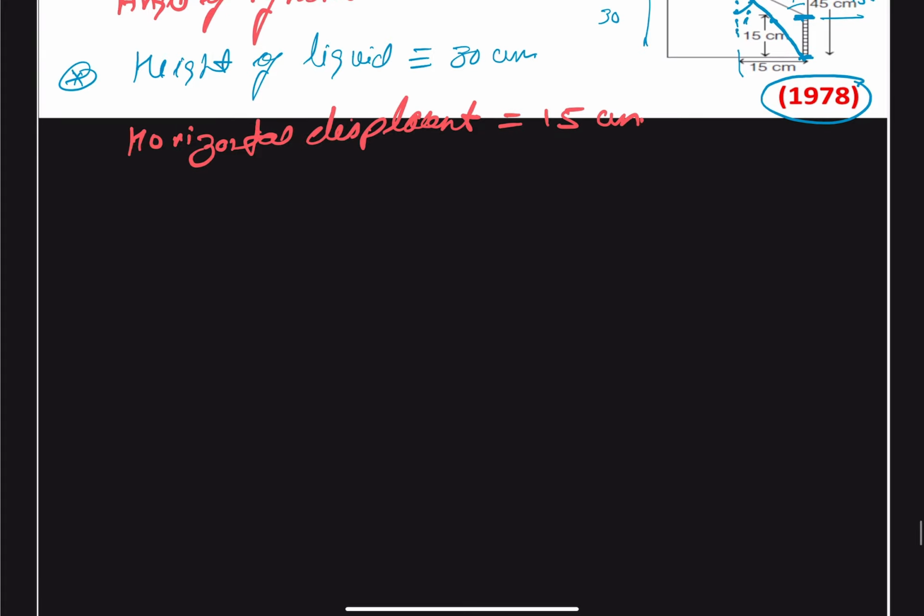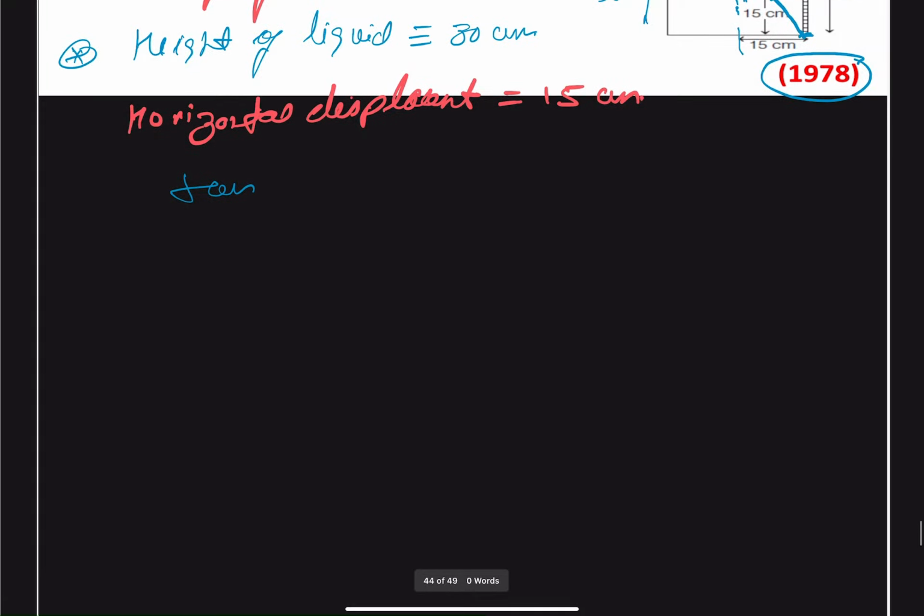So we can write that tangent of I is equal to 15 by 30, and this is 1 by 2. So therefore I is equal to tangent inverse of 1 by 2.